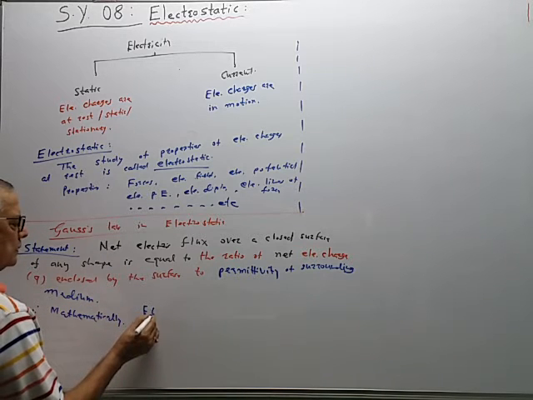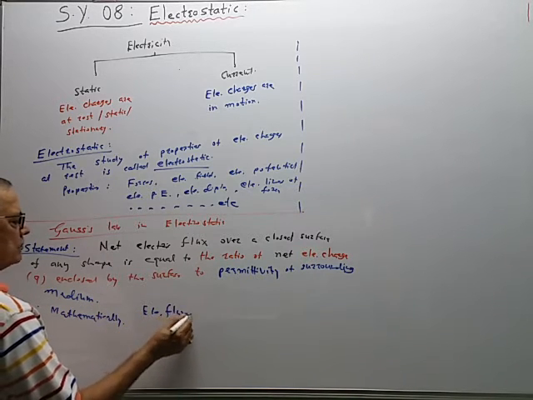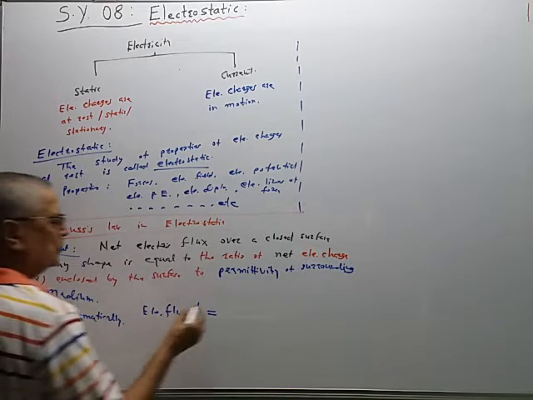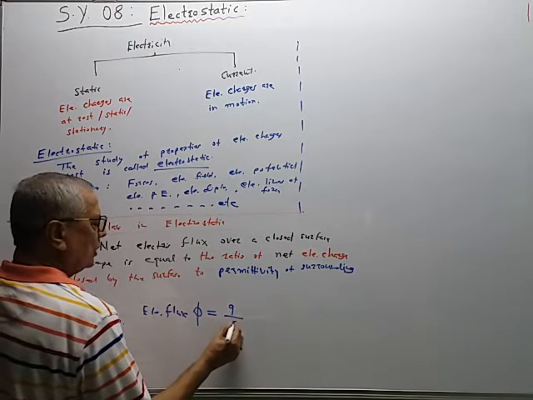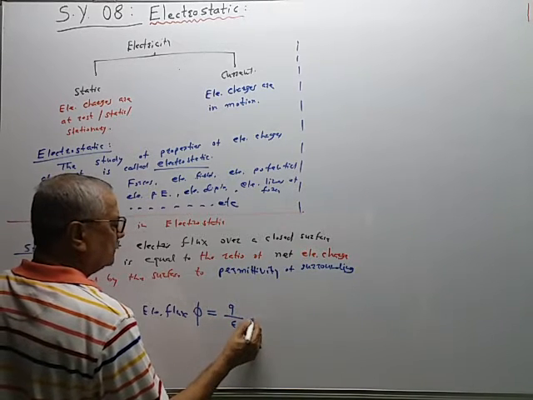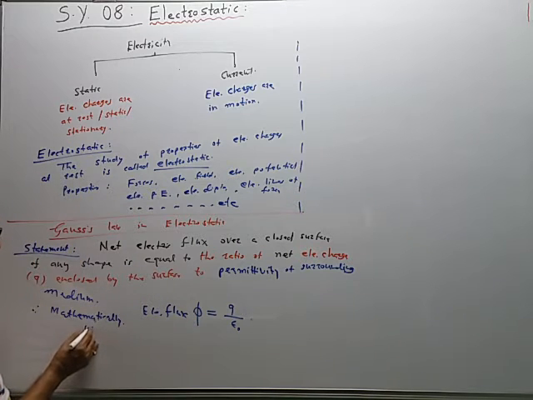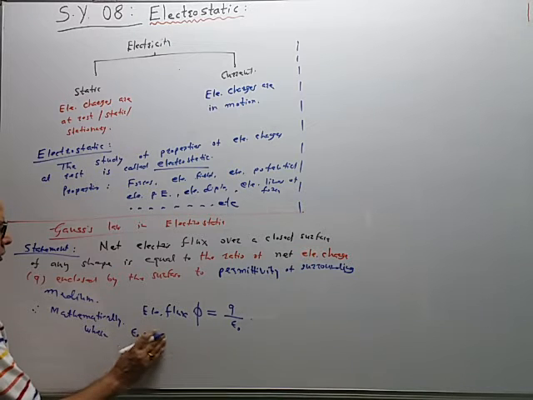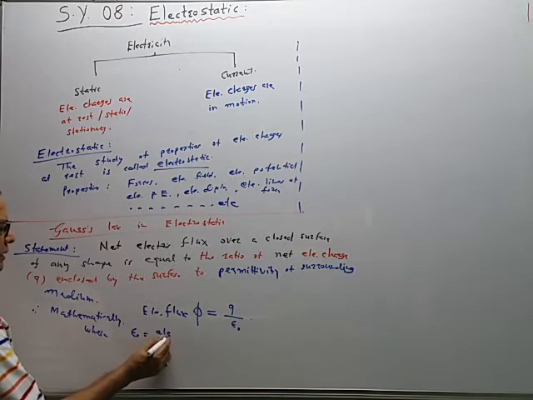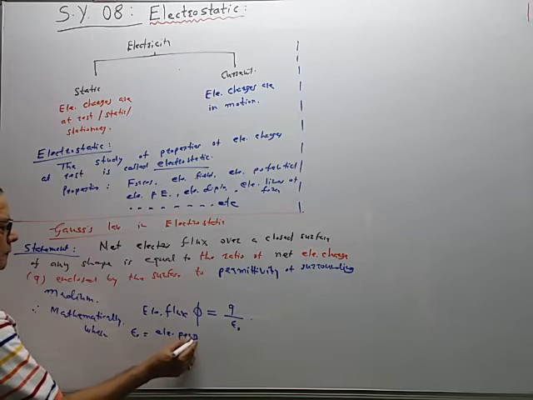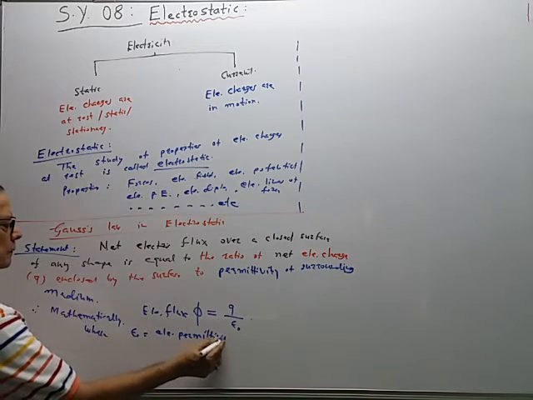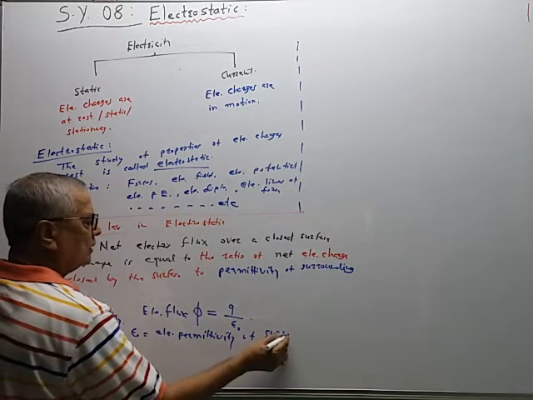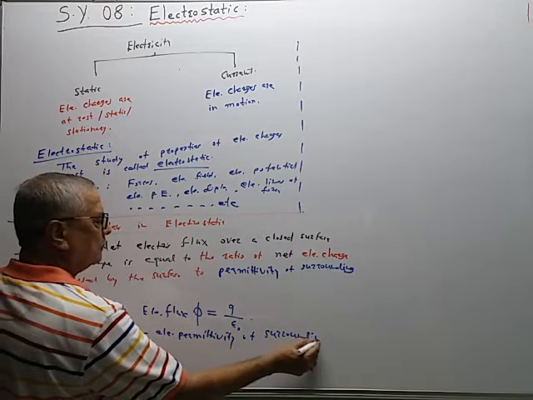Electric flux, denoted by phi, is equal to Q upon epsilon naught, where epsilon naught is the electrical permittivity of the surrounding medium.